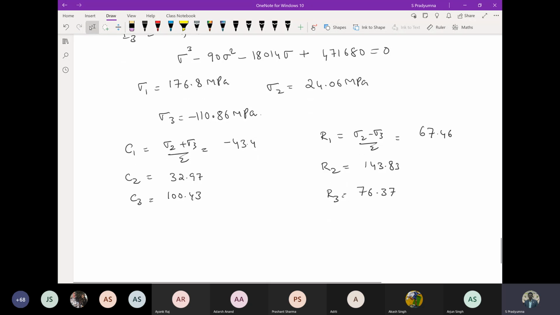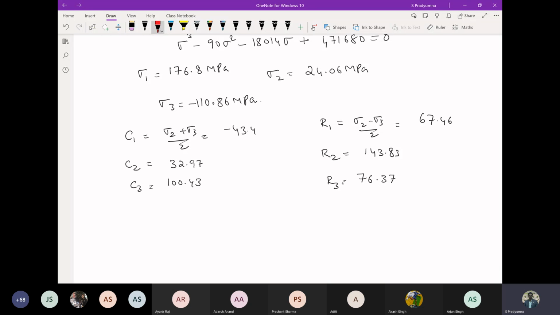Now let me calculate for N1. Relative to the principal directions, N1 has a line that is equally inclined with the 1, 2, 3 axes. Therefore, I can say sigma N1 is equal to sigma 1 L1 square plus sigma 2 M1 square plus sigma 3 N1 square.